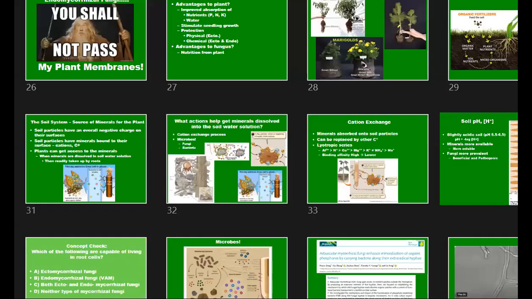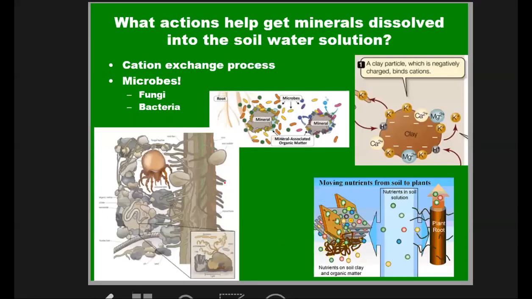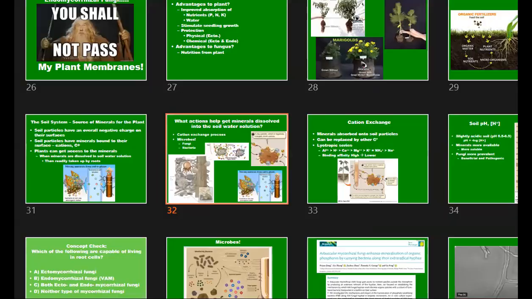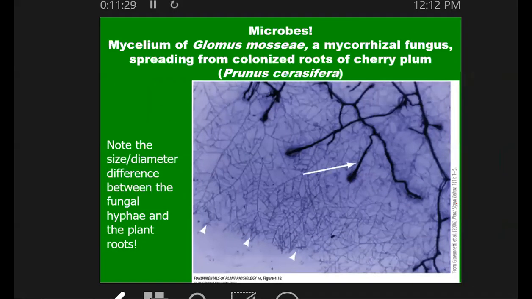So I said, when we look at cation exchange and microbes, those are the two things we think about. pH is also a factor, but that's, I guess, wrapped into cation exchange in a lot of ways. They kind of talk about it in that realm. But okay, so microbes, I want to talk a little bit about the microbe idea.